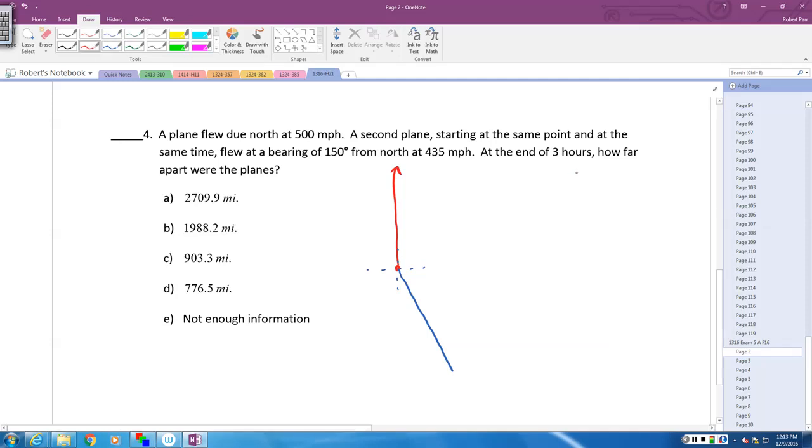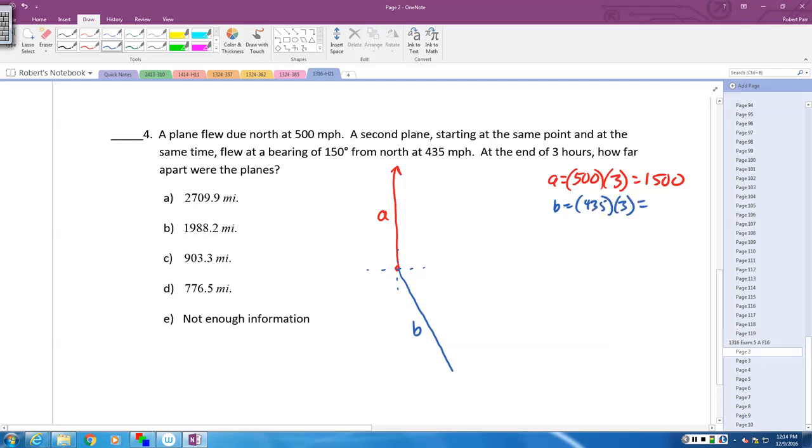So the distance that the northbound plane flew, I'll call it A. The distance of A is going to be 500 miles per hour times the number of hours, which is 1,500. And B is going to be the speed, which is 435, times the time, which is 3 hours.